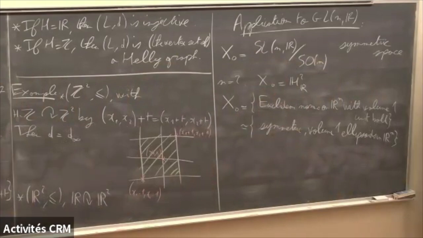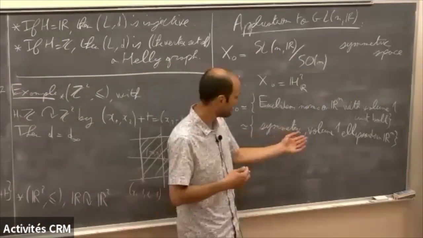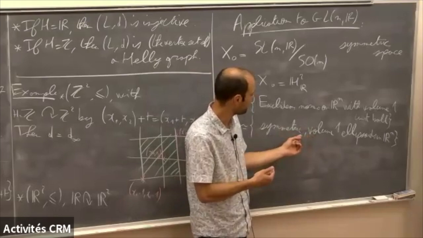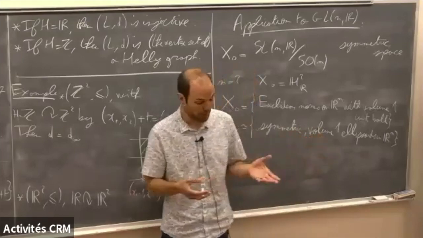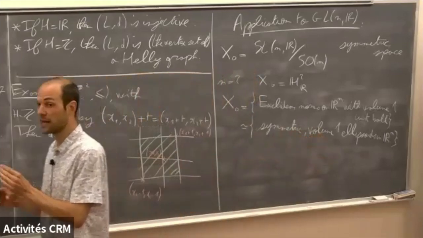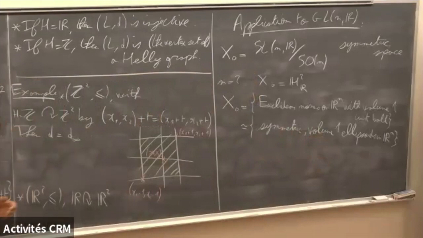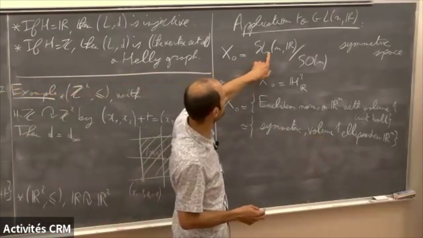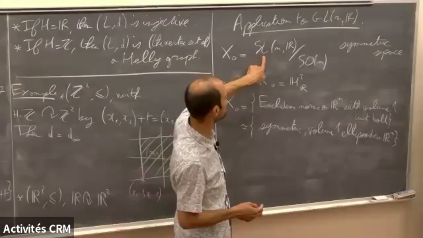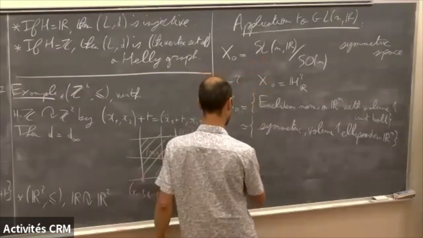So why am I talking about this? Well, here I want to use this result, but I want a poset. But there's no obvious order relation between these, since two ellipsoids of volume 1 cannot be included in one another. So this is why I want to take not the symmetric space of SLn, but rather that of GLn.